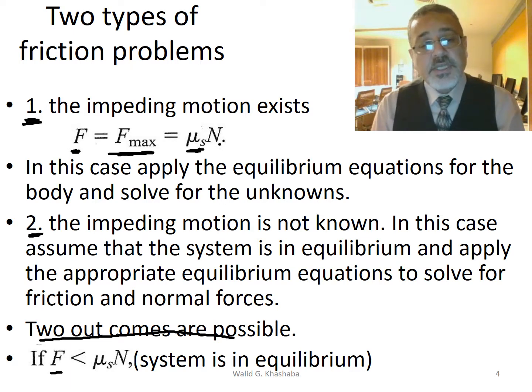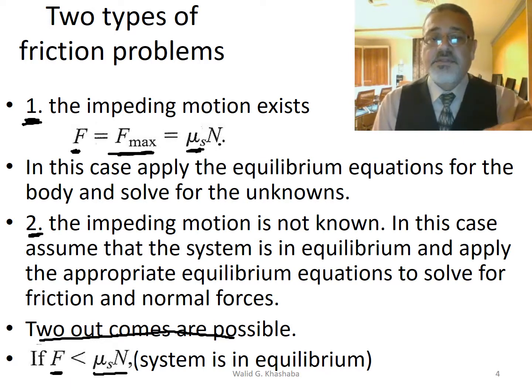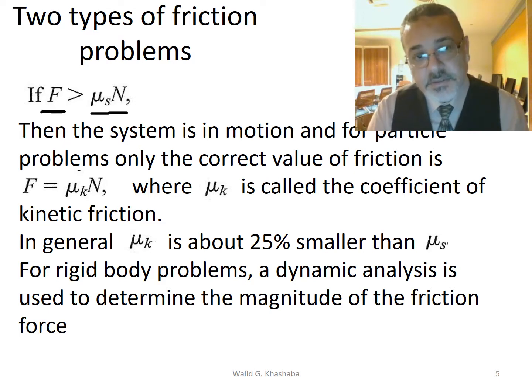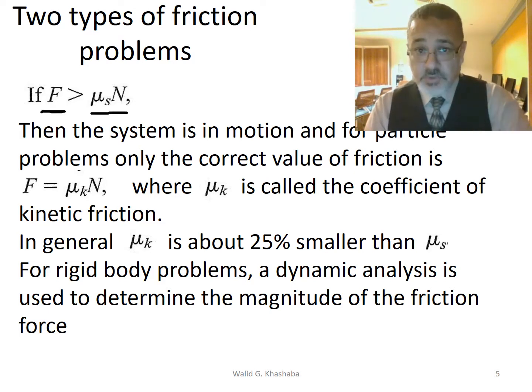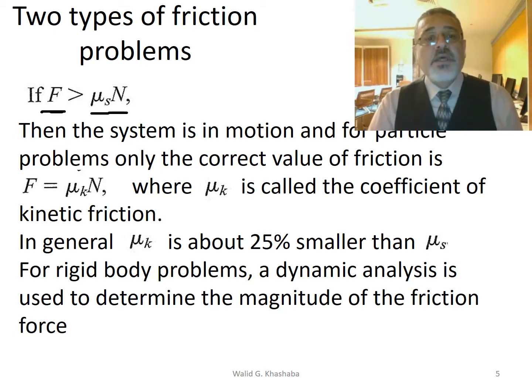The first one, if F is less than mu s times N, in this case the body will rest in equilibrium. But if F is greater than mu s times N, in this case the system is in motion. The body will be moved because of the force.